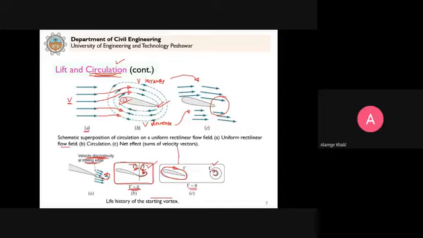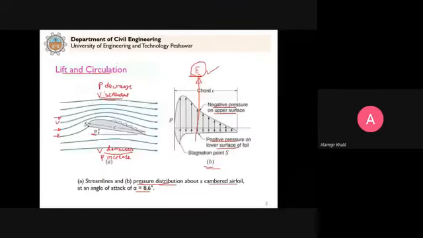When this body moves and the velocity of the fluid approaches it, it will result in increased velocity and decreased velocity, and this will result in increased pressure and decreased pressure, and it will result in this force which we are interested to calculate.